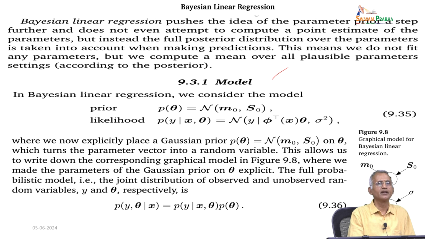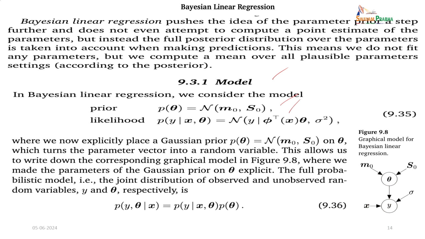In Bayesian linear regression, we consider the model with prior p of theta equal to N of m_0, S_0, and likelihood p of y given x, theta equal to N of y given theta transpose x, sigma squared, where we now explicitly place a Gaussian prior p of theta equal to N of m_0, S_0 on theta, which turns the parameter vector into a random variable.